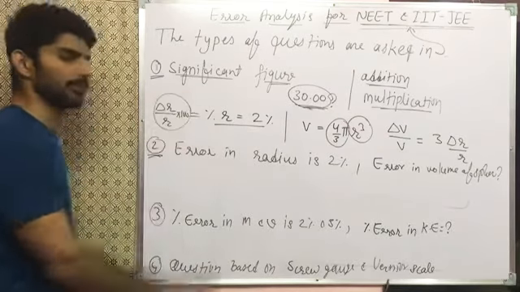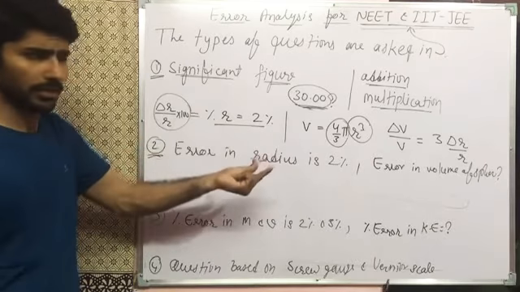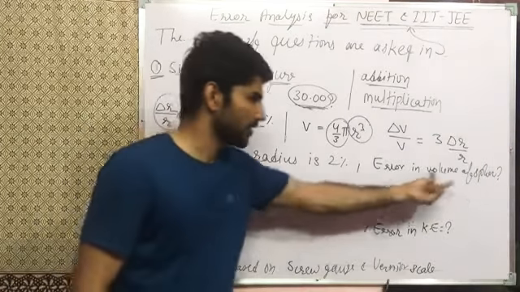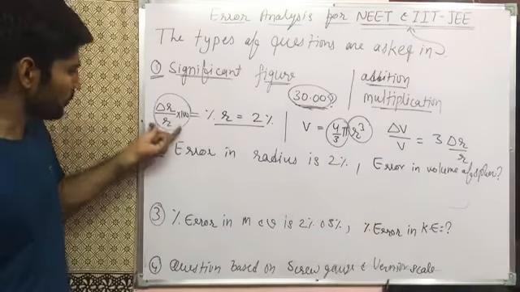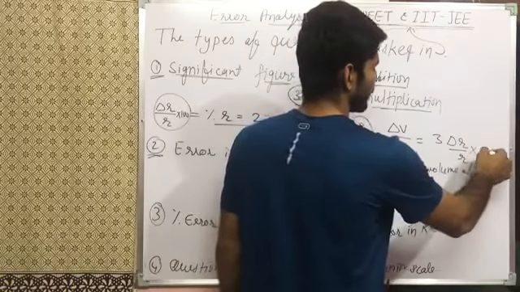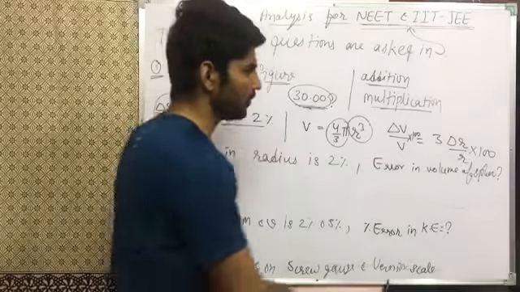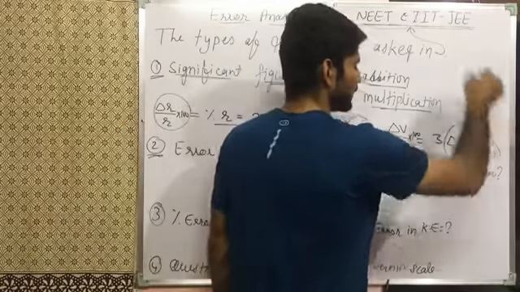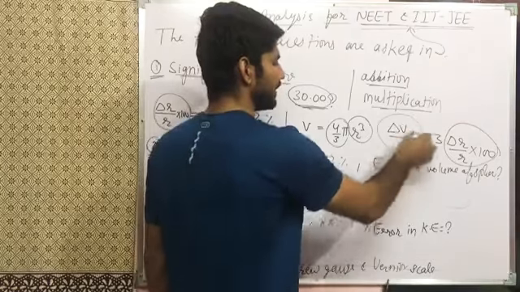You may be asked the percentage error or the relative error, so you can write in that form by multiplying by 100. So this is the percentage error in the radius and this is the percentage error in the volume.